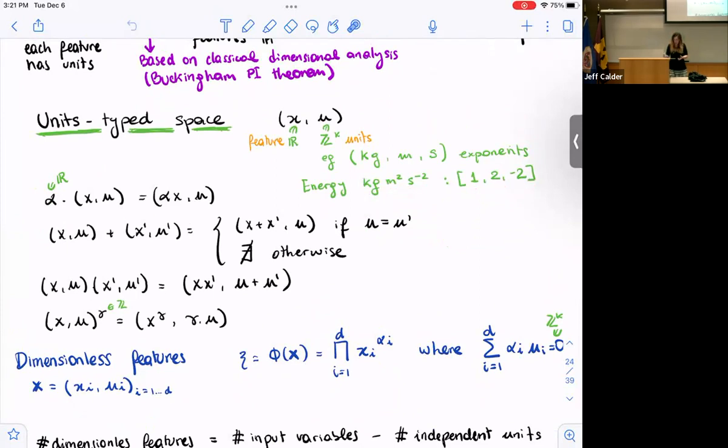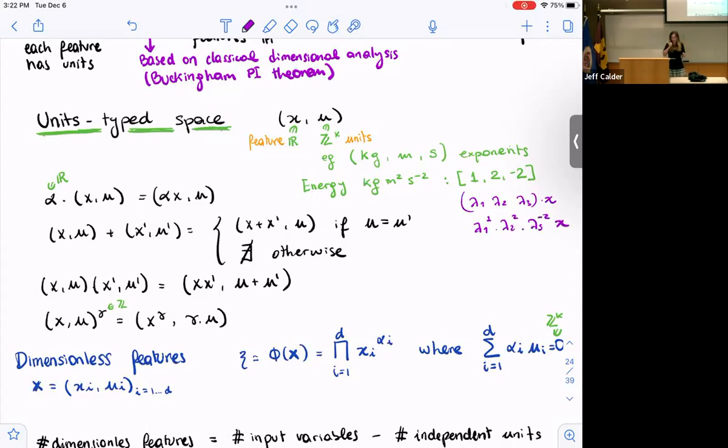And so if I have λ1, λ2, λ3 act on X, since these are the units of X, then these act as λ1 to the 1 times λ2 squared times λ3 to the -2 times X, right?